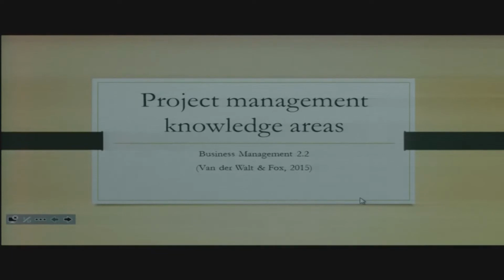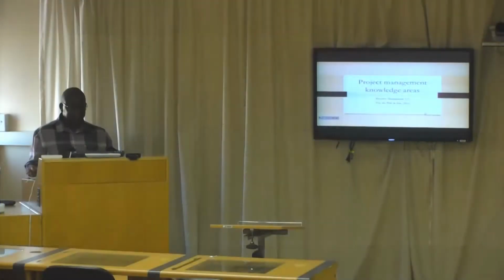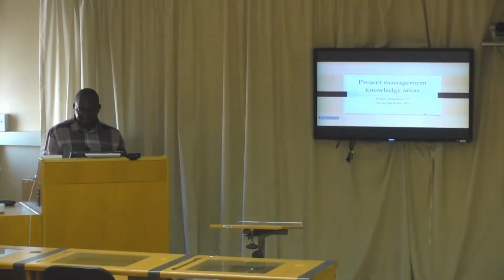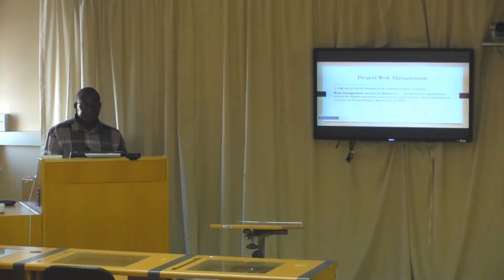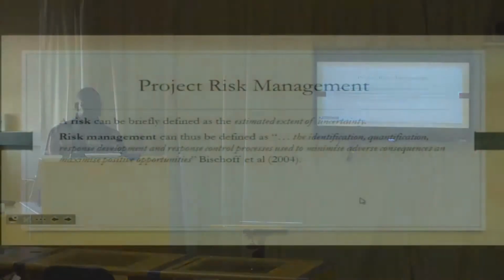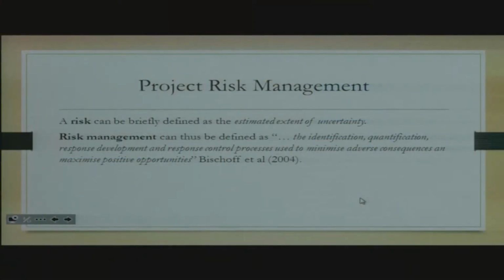For now, I won't tackle all the areas, but mainly I am going to explain project risk management, and then project quality management, and mainly I'll focus on the types of control and the control process that you need to follow.